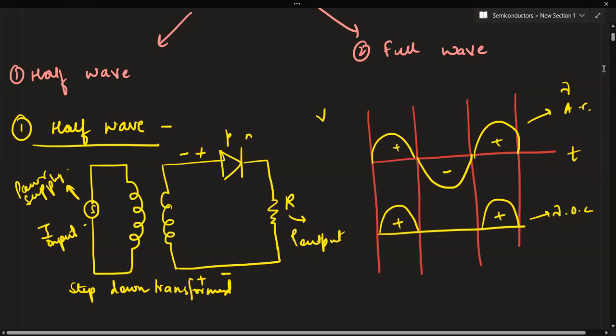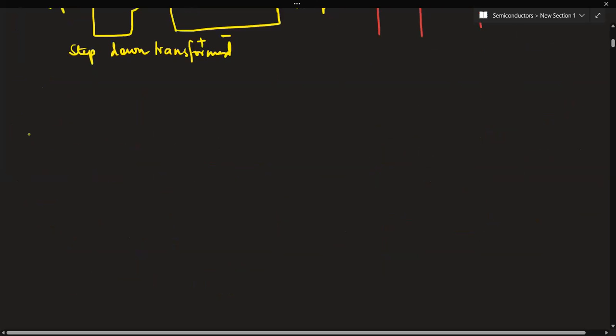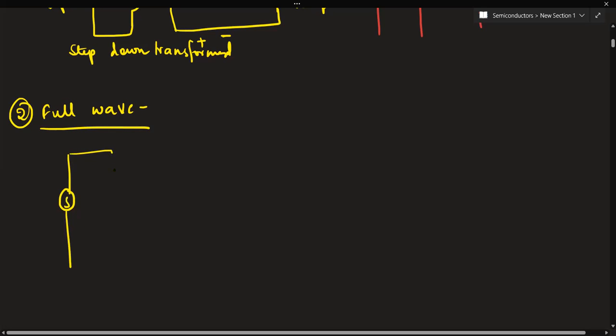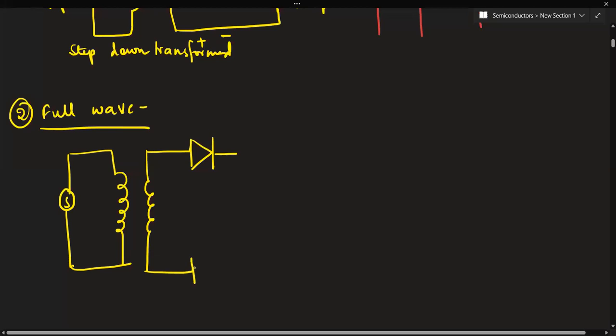Now if you talk about the full wave rectifiers, see what happens there. The power supply is there, the step down transformer is there. This apparatus is the same, but in this apparatus we have two diodes.